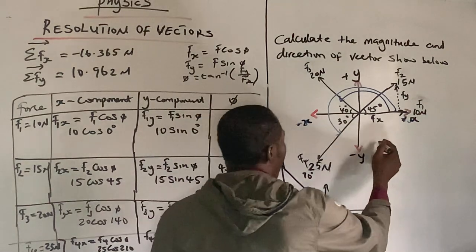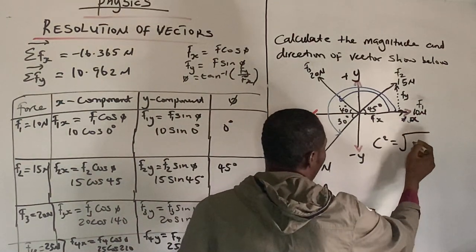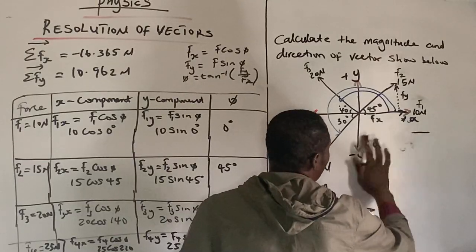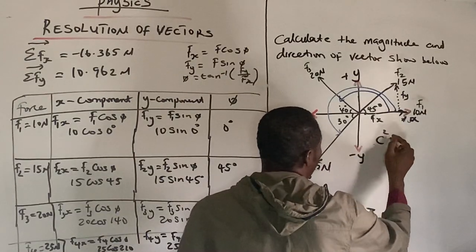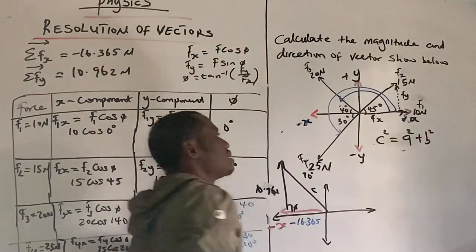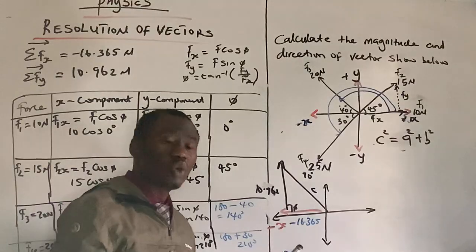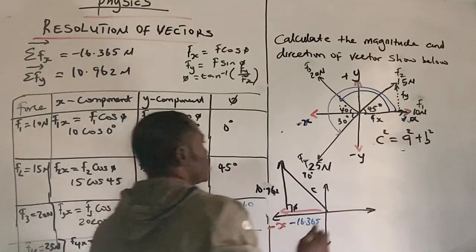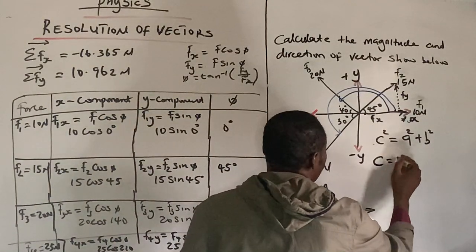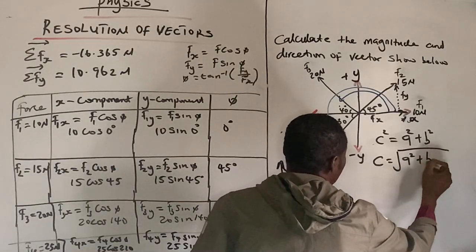If you recall that c squared is equal to a squared plus b squared, this is the Pythagoras theorem we got from trigonometry. So we'll have c equals the square root of a squared plus b squared.